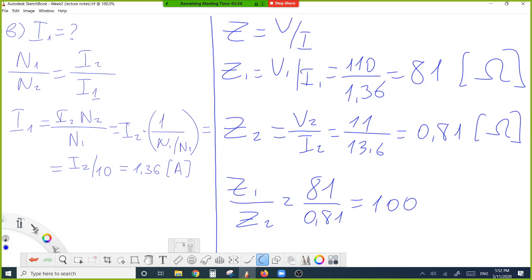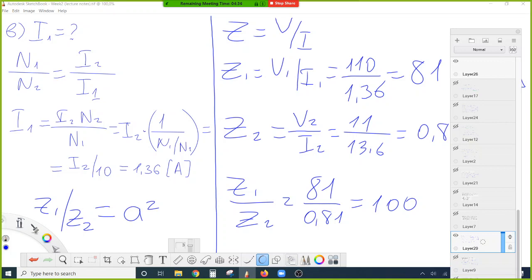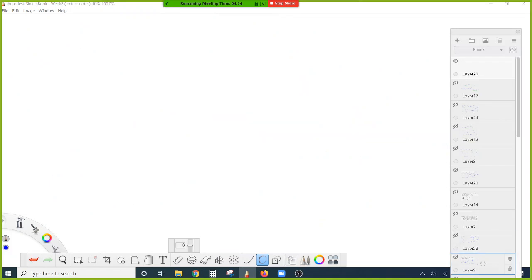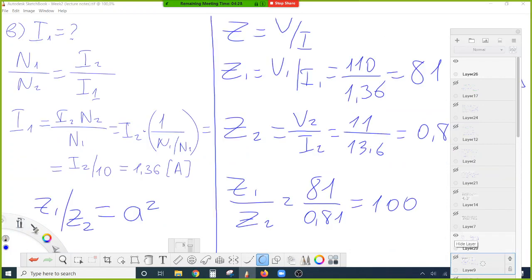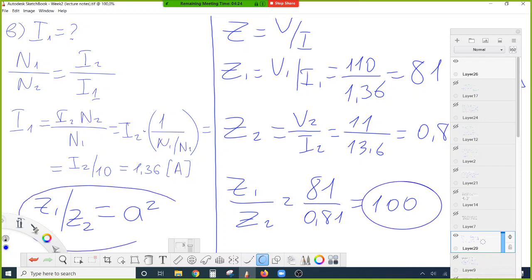According to the definition for the ideal transformers, which we already know, Z1 over Z2 is equal to A squared, the square of transformer ratio. In our case, transformer ratio was 10, given by the problem. The impedance ratio we found as 100, and this equation works well.